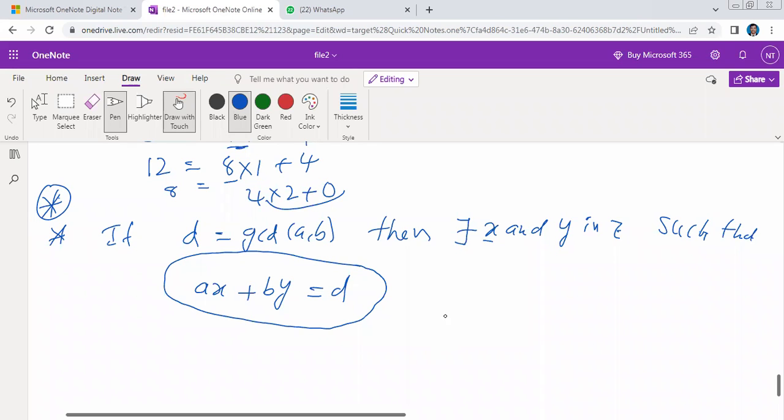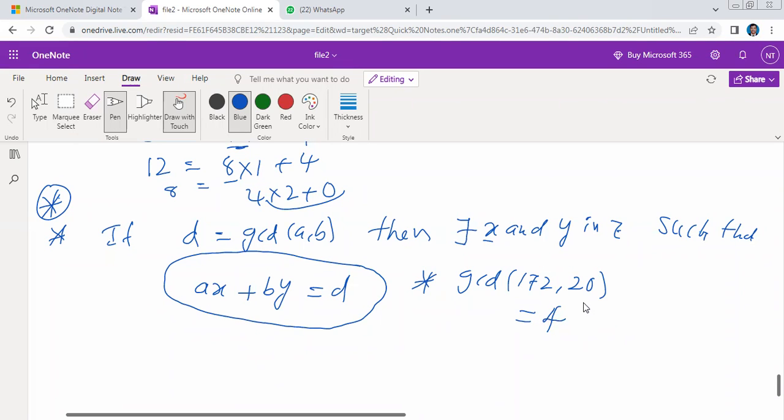Now look here, one problem. What is the GCD of 172, 20? ఎట్లా రాయొచ్చు? GCD of 172, 20 can be expressed as a linear combination. There exist two numbers X and Y. What is the GCD of this number? 4.